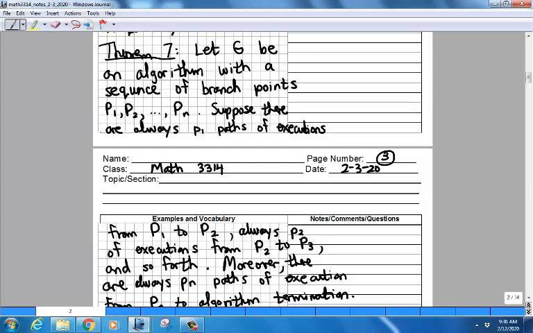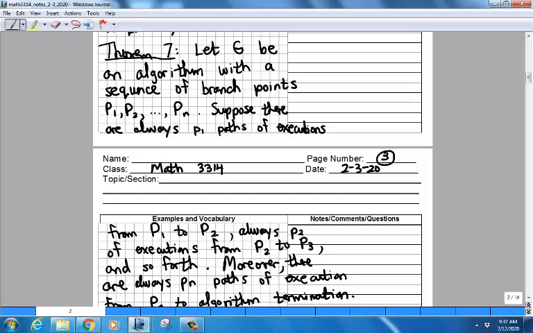But it's really, really important here that you read this. There are always P1 paths of execution after the first branch point. So it doesn't matter the choice you make at your first branch point. There are always this many paths of execution following that.